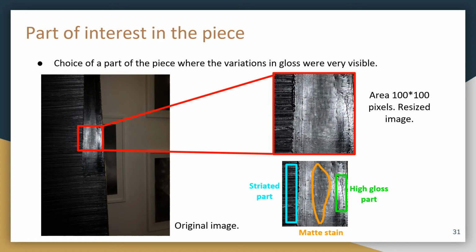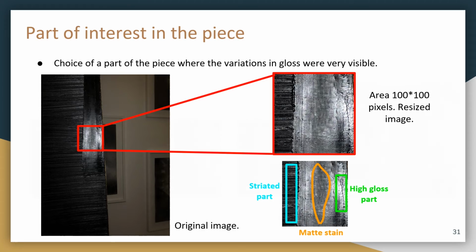This is really interesting because it represents each part of typical Soulage paintings, which are matte, gloss, and striated. And it means that it is really representative and we can analyze it to get good information.